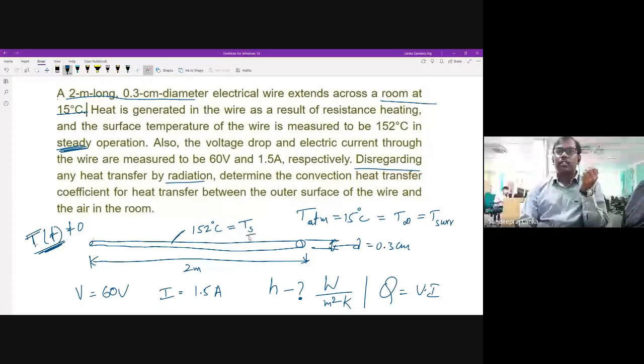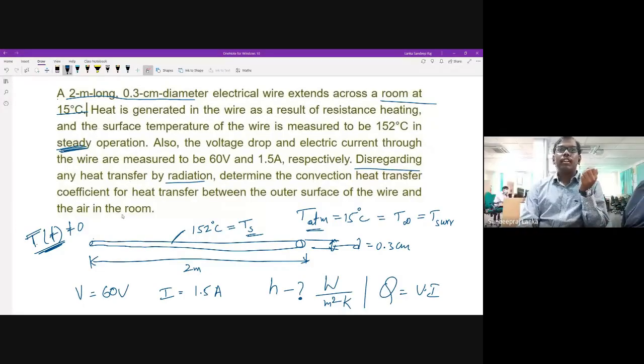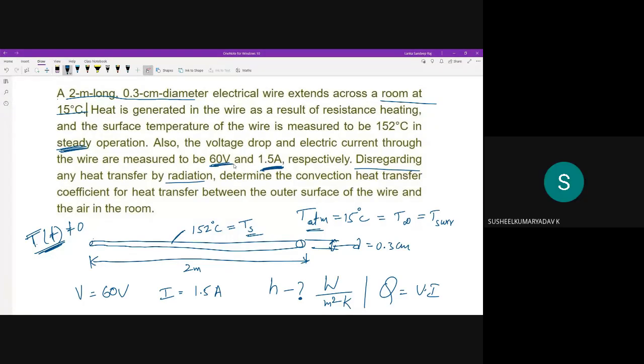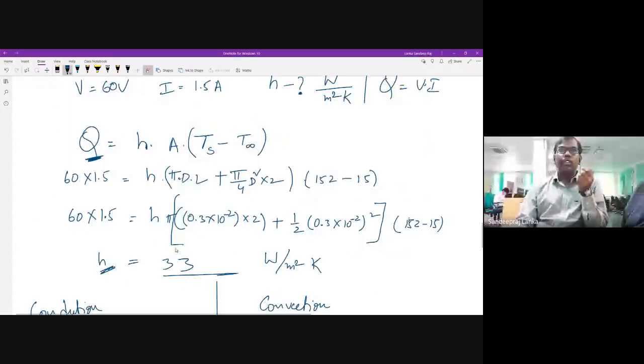Yes, you can measure the temperatures using thermocouples. Can you measure the voltage and the current? You can measure using a voltmeter and ammeter. Area you can definitely measure. Once you measure all the remaining things, H you will get. It is as simple as that.